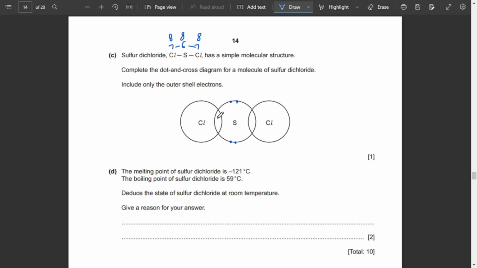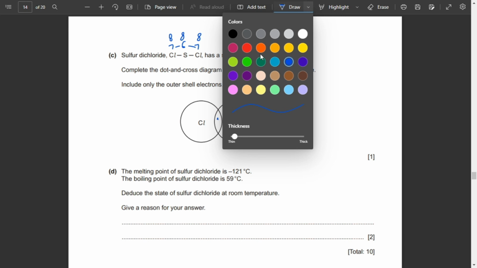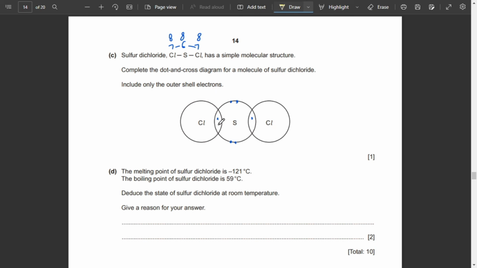So for sulfur, we will be using this color. Sulfur has given 1 to this chlorine and 1 to this chlorine. 1, 2, 3, 4, 5, 6. Sulfur is completed. Now if we talk about chlorine, it's not really visible.